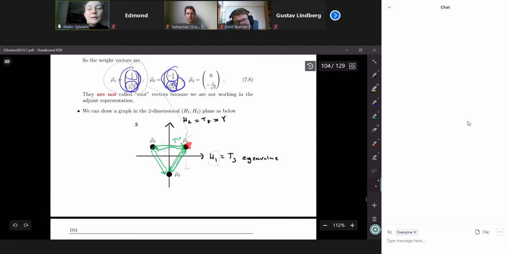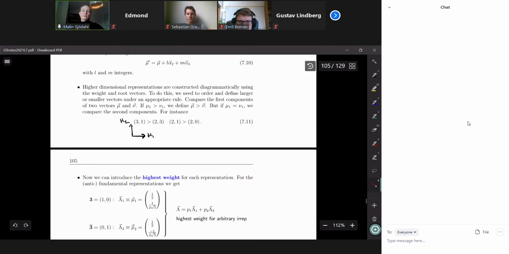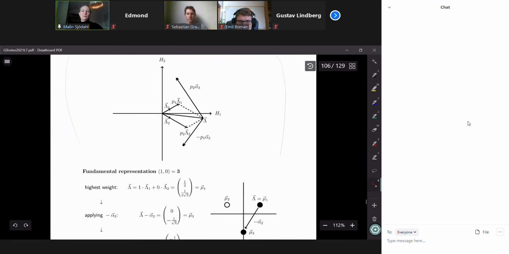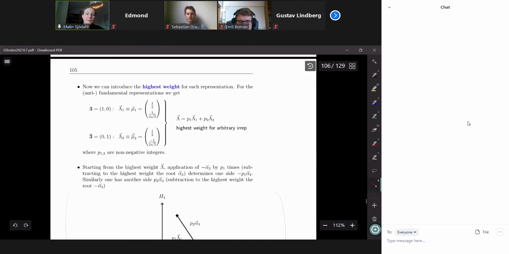So this is then our highest weight state. And similarly, one can find the highest weight state for other representations, but I will not go into detail.